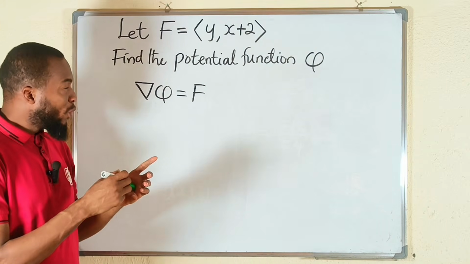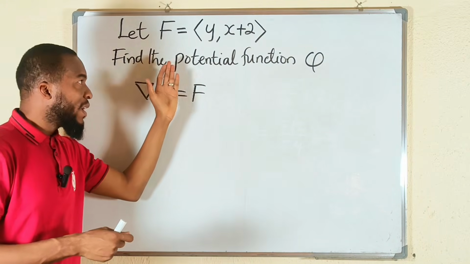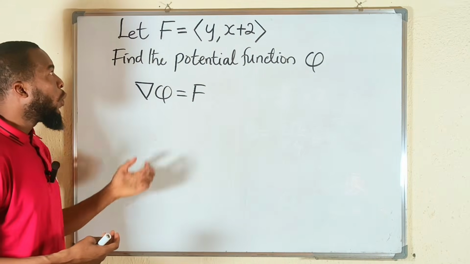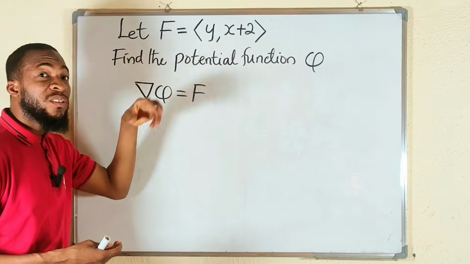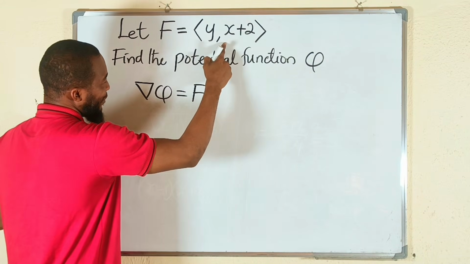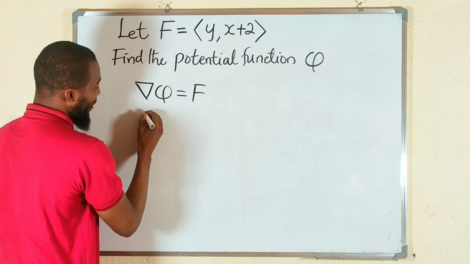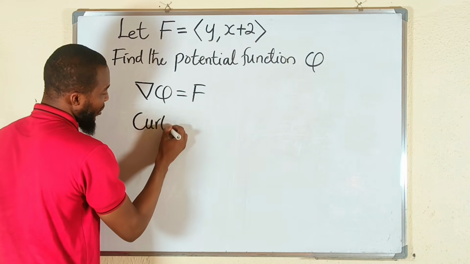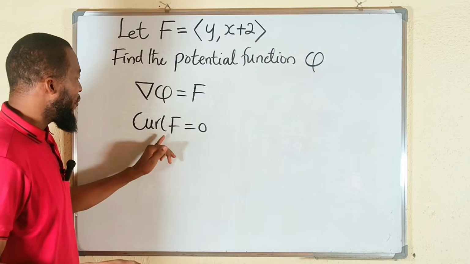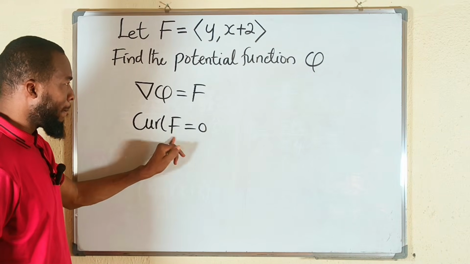But you should know that not every vector field has a potential function. And how do we determine whether this is actually a conservative vector field? If it is a conservative vector field, then it implies that the curl of F must be equal to 0. And how do we compute the curl of F?